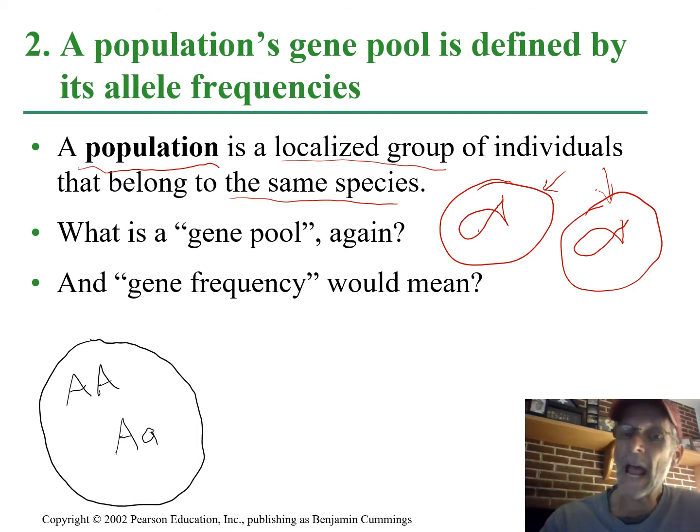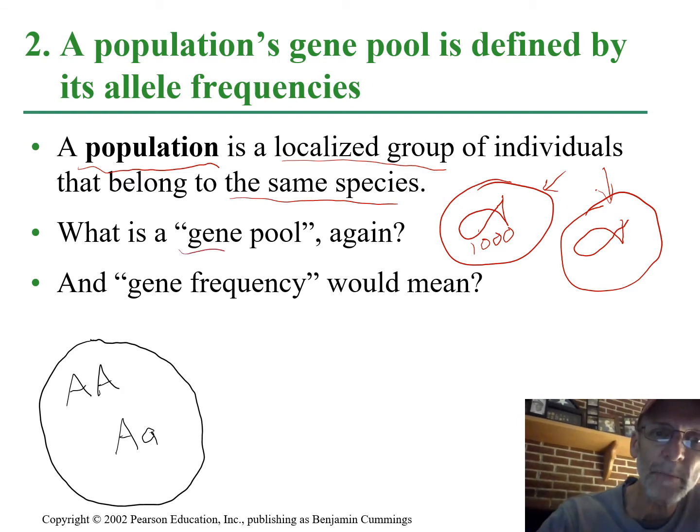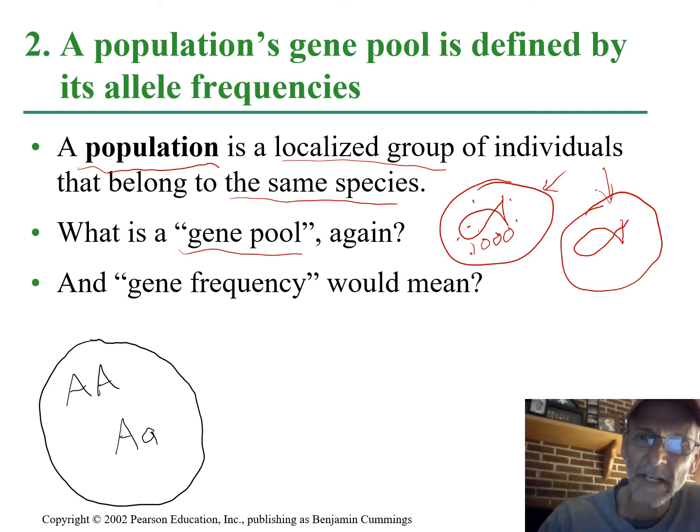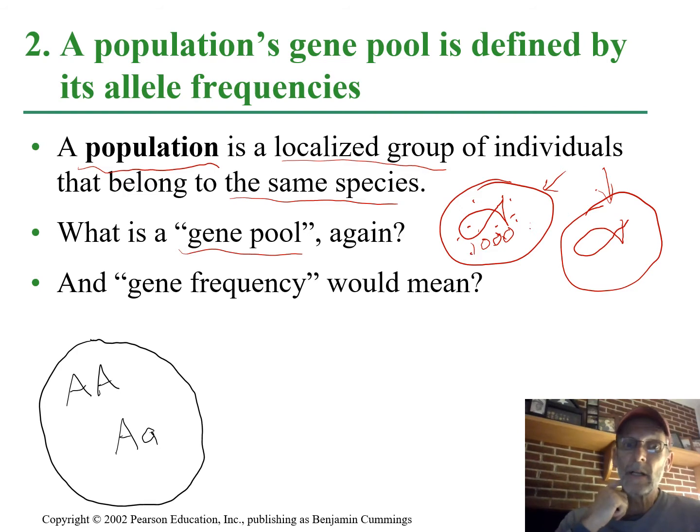That group is going to have a population. If there's 1,000 catfish in this lake, that's the population size of that population, the group that we're calling a population of fish. All right, so anyway, the gene pool of this population is simply every single gene that's in every single organism in that population.